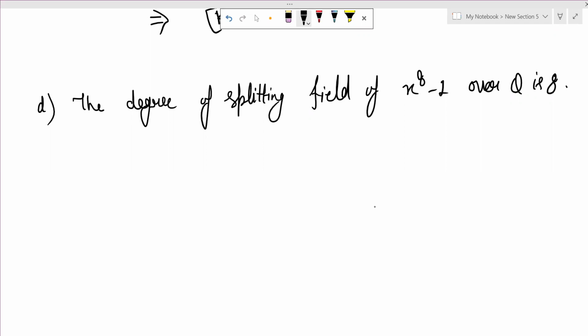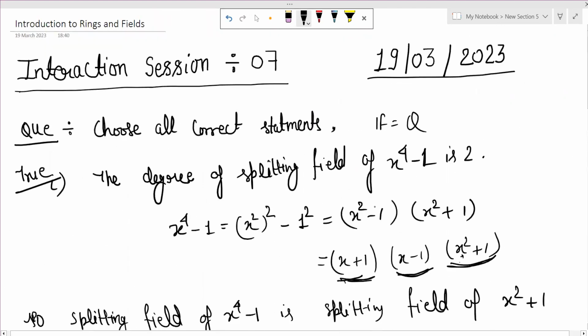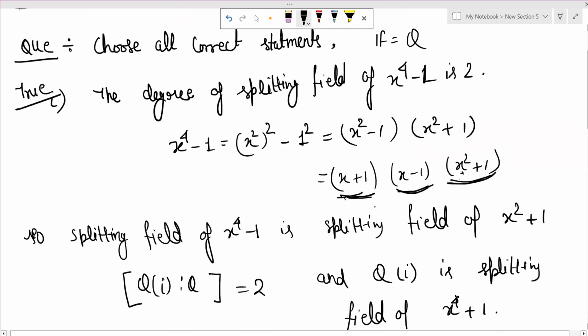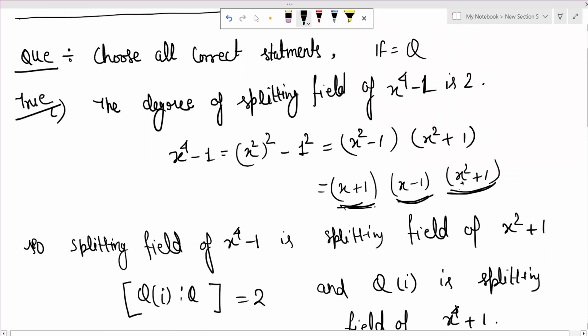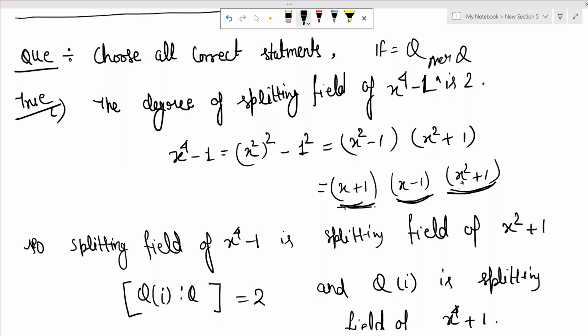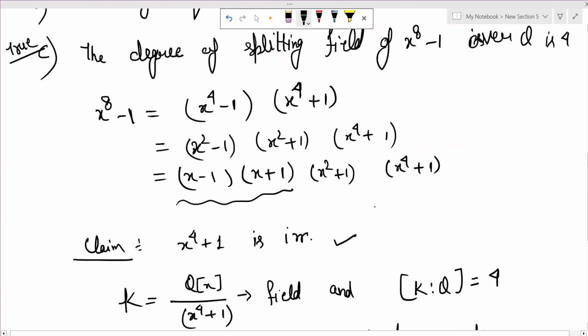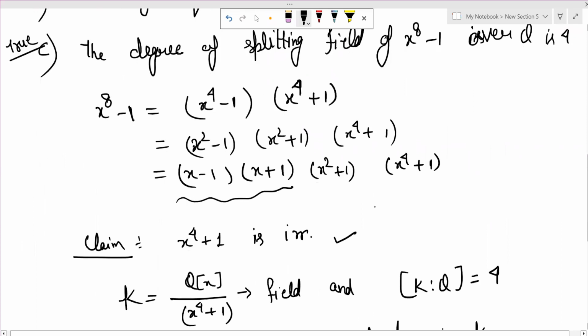So it is false. Try to observe a pattern. In the first part, I proved that the degree of the splitting field of x to the power 4 minus 1 over Q is 2. And in part C, I proved that the degree of the splitting field of x to the power 8 minus 1 over Q is 4.